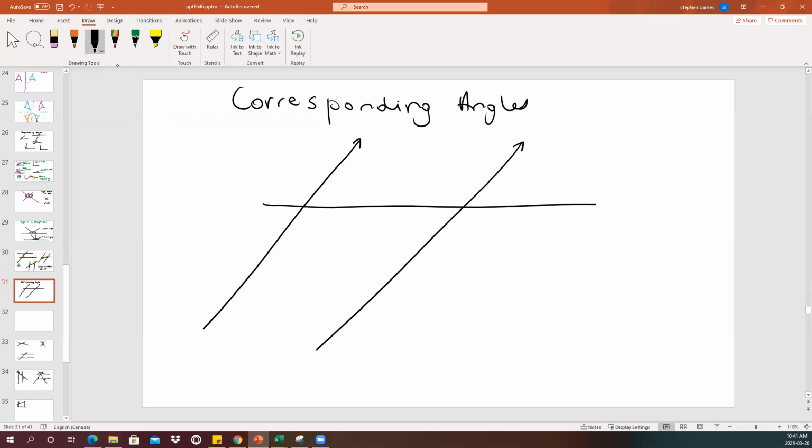But with corresponding angles, they will be on the same side. It can be either here and here, or over here and over here, but it has to be on the same side.